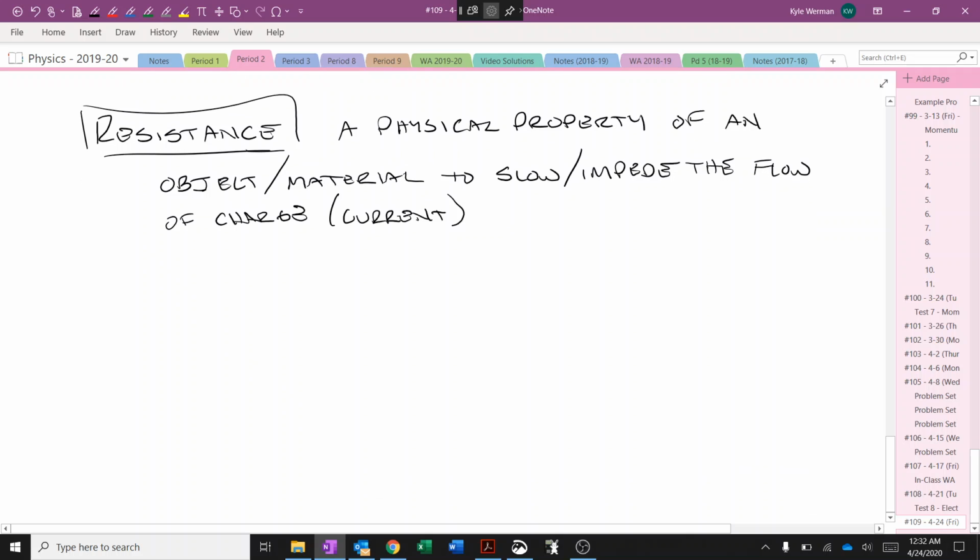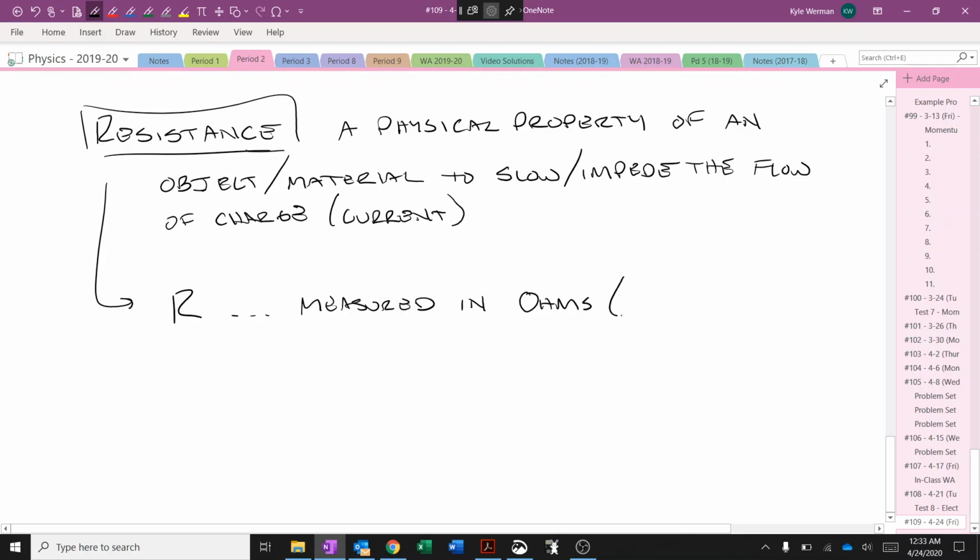And so resistance has a unit. The letter is R. R is what we use for resistance, and it's measured in a unit called an ohm. All right, in the plural with the S on there, ohms, O-H-M-S.